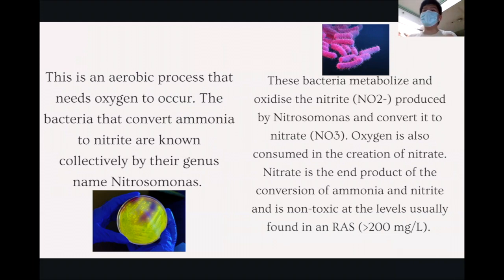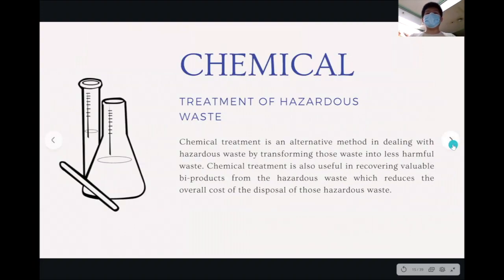Then afterward, oxygen is also consumed in the creation of nitrate. Nitrate is the end product of the conversion of ammonia and nitrite and is non-toxic at the levels usually found in the RAS.